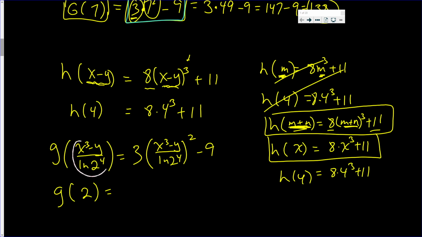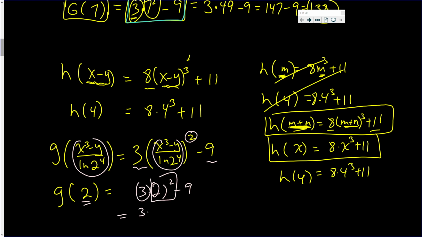What does g do to this? Well, there it is. It squares it, multiplies by 3, takes away 9. So I'll take what's in here, I'll square it, I'll multiply it by 3, and I'll take away 9. So it's 3 times 2 squared, 3 times 4, which is 12 minus 9, which is 3.